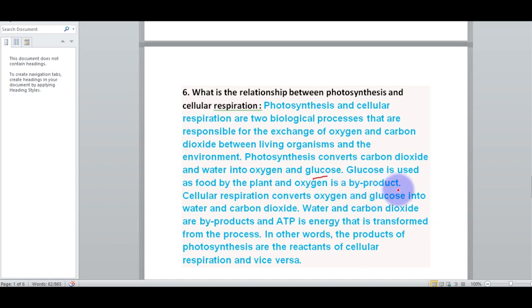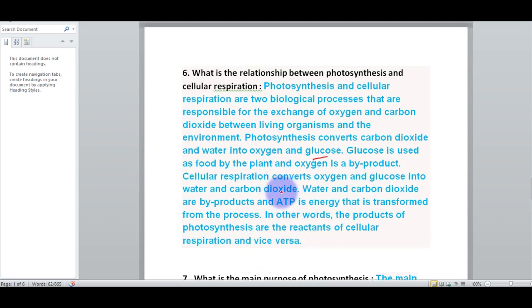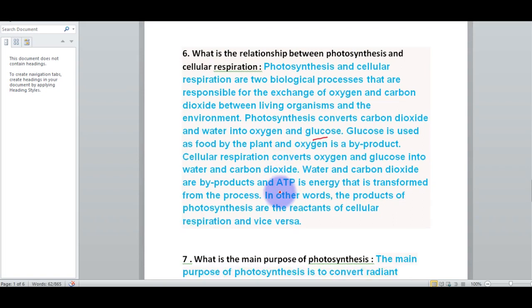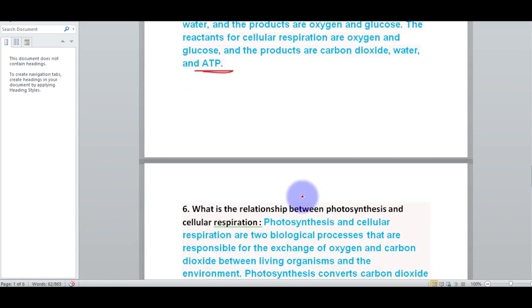Cellular respiration, on the other hand, converts oxygen and glucose into water and carbon dioxide, which are the byproducts, and ATP is the energy transformed from the process. In other words, the products of photosynthesis are the reactants of cellular respiration and vice versa. This is very important to take note of, as another relationship between the two.